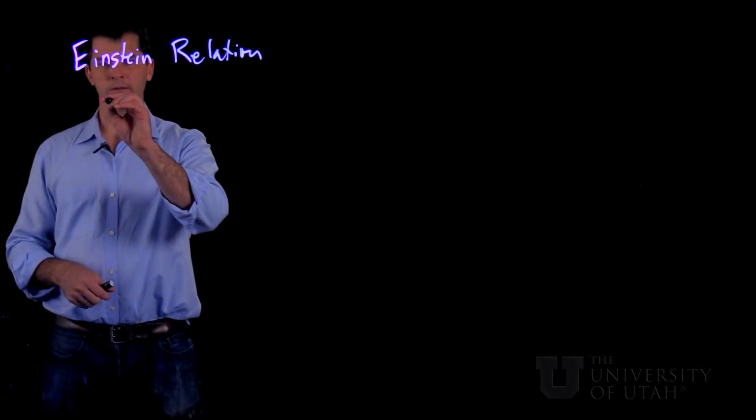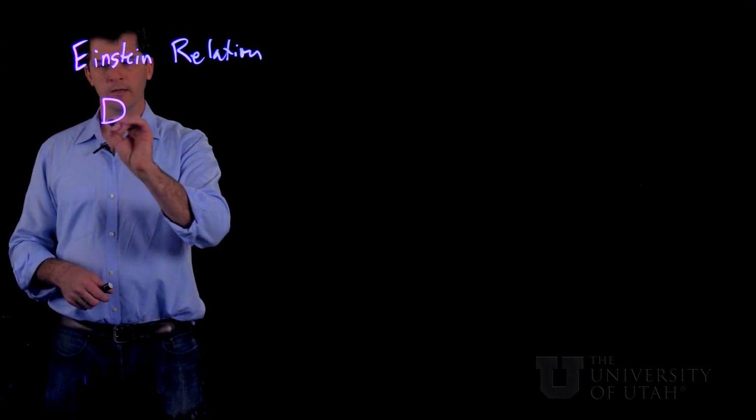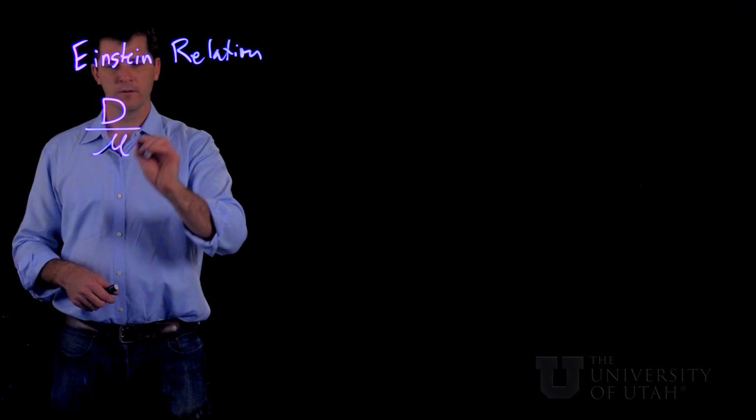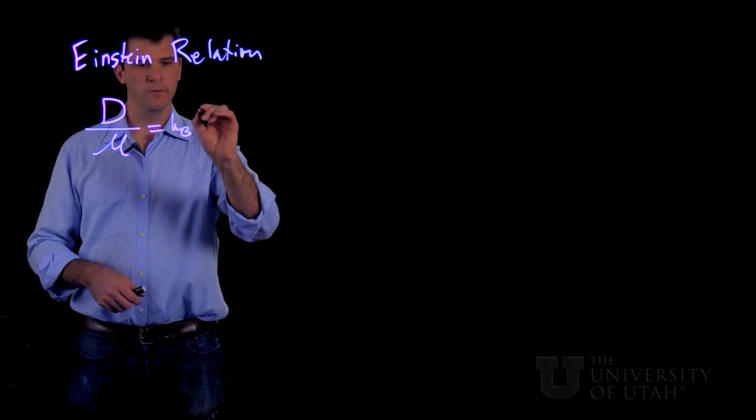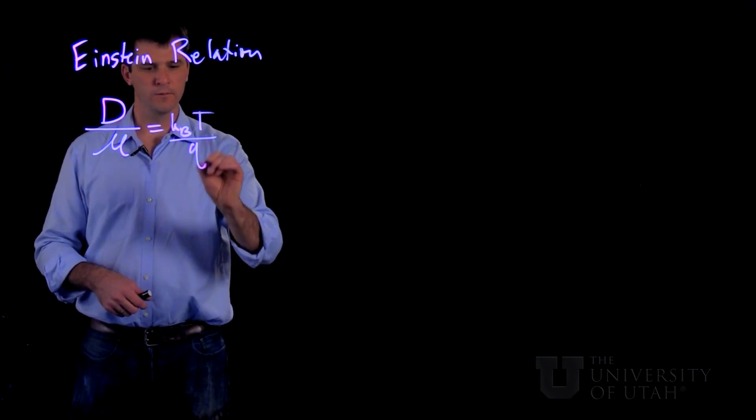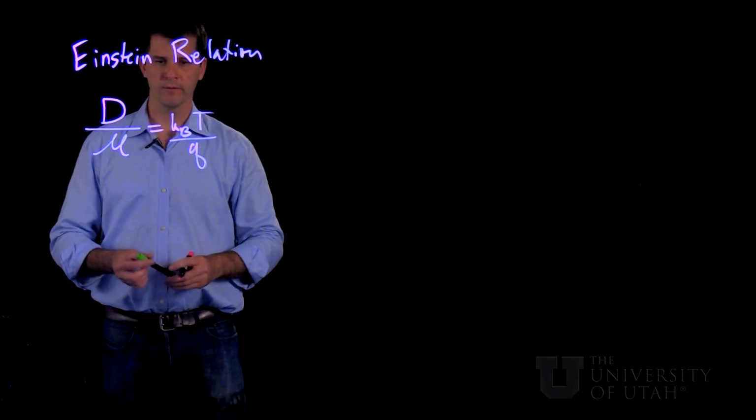So the Einstein relation states, and say it out loud because it rhymes, D over mu is kBT over q. If you remember that rhyme, you'll never forget it.